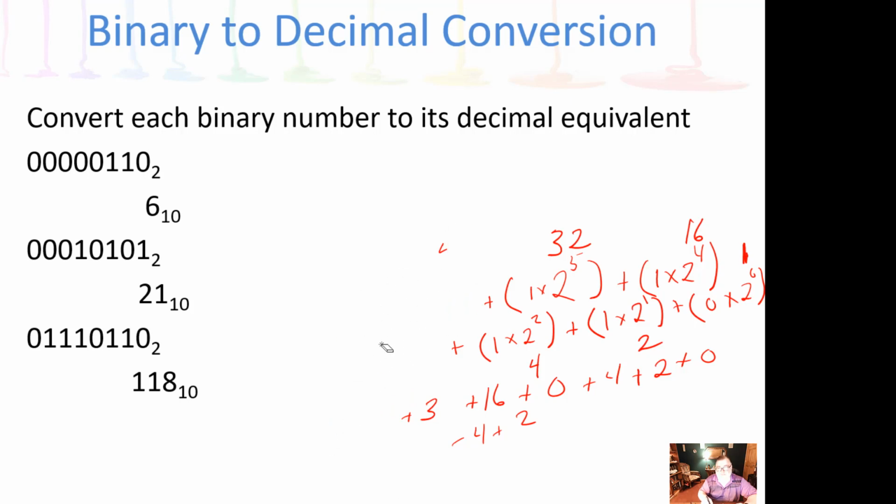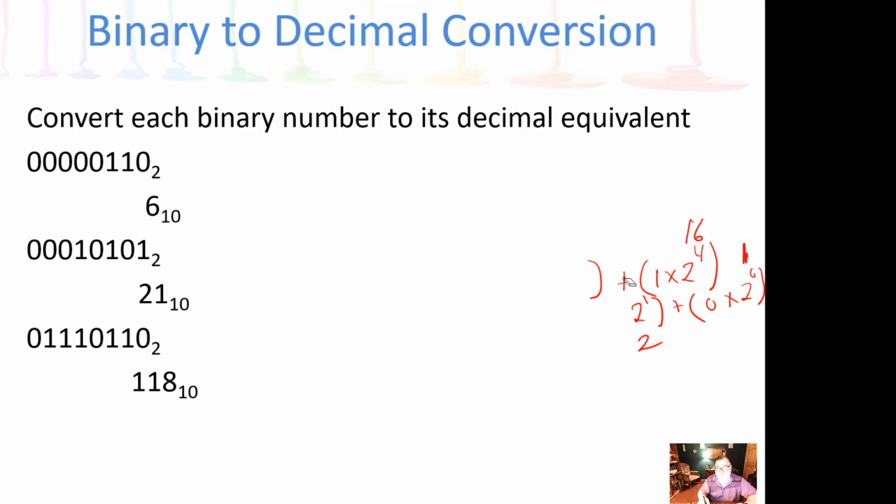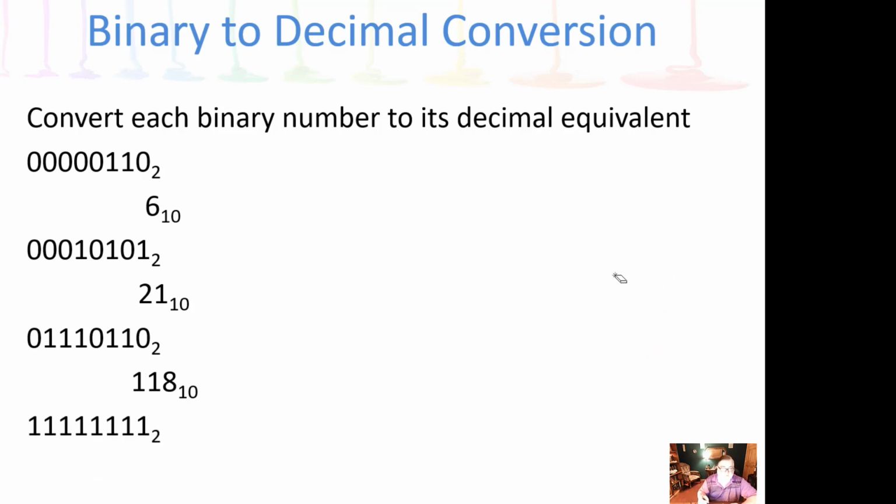And I'll just erase this. And then the last one is all ones. So again, if you want to stop the video, try it out, and then I'll work it through.